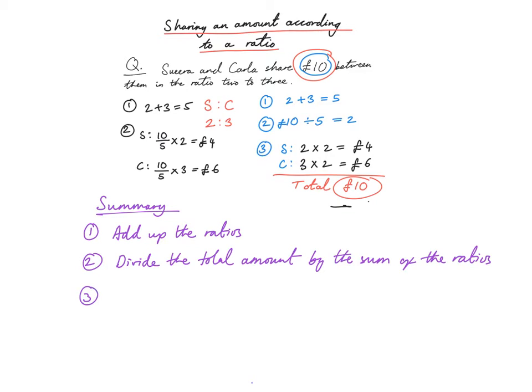And step 3, we multiply what we calculated in step 2 by each of the respective ratios.